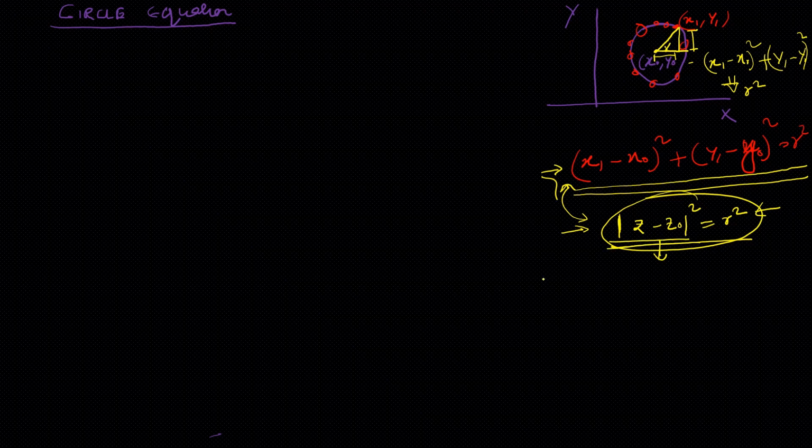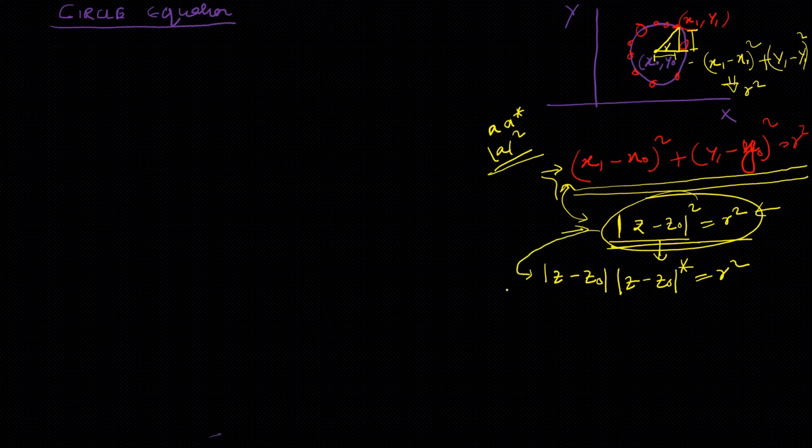And this could also be written as (z minus z naught)(z minus z naught)star. Am I correct? Because for any complex number, a times a star could be written in this style.